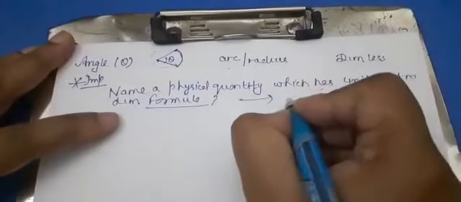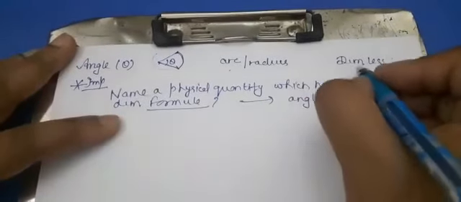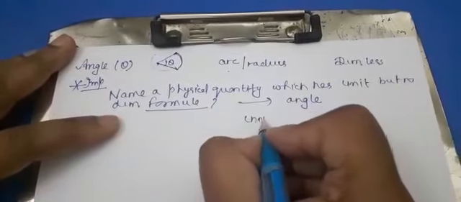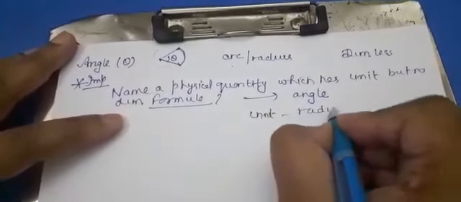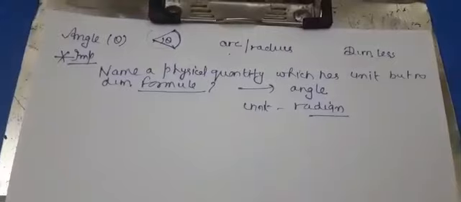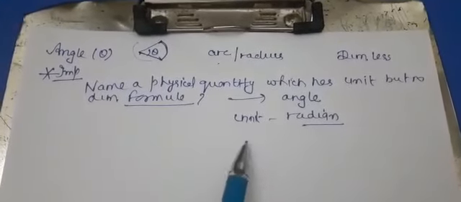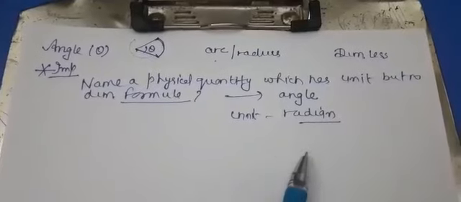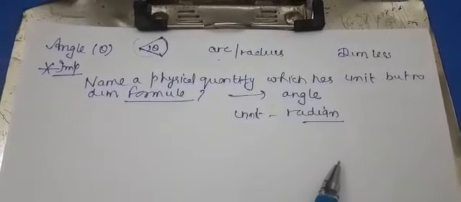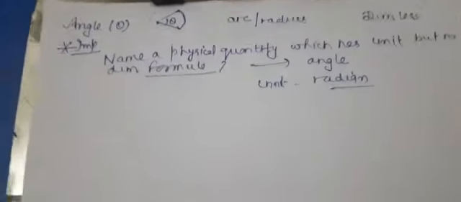So the answer will be angle. Why? Because its unit is radian. Obviously, when we are taking the term angle, this is having unit radian. You can say that a plane angle has unit radian and the solid angle has unit steradian, because both are a type of angle. So you have to learn. Sometimes a 1 mark question can be there.